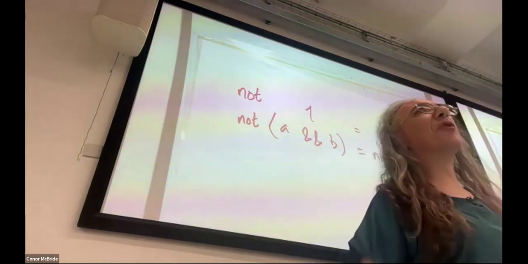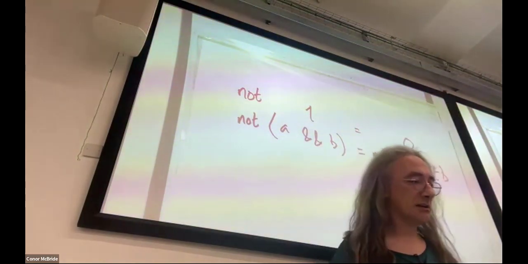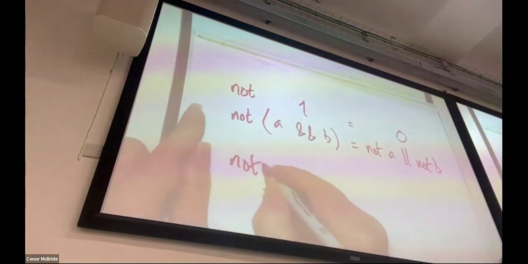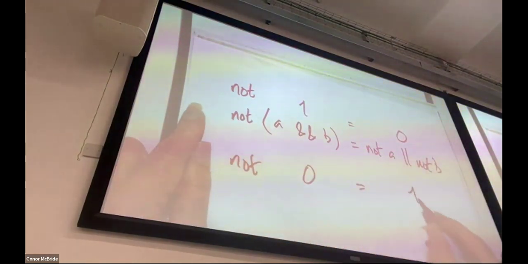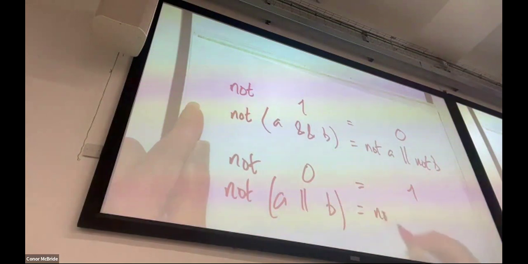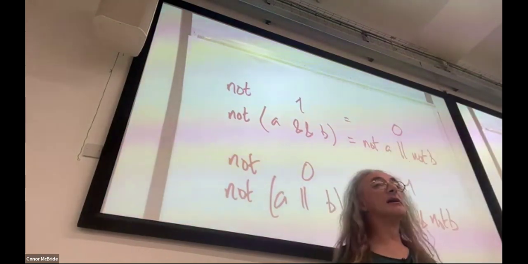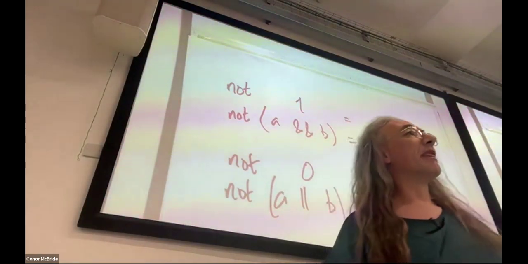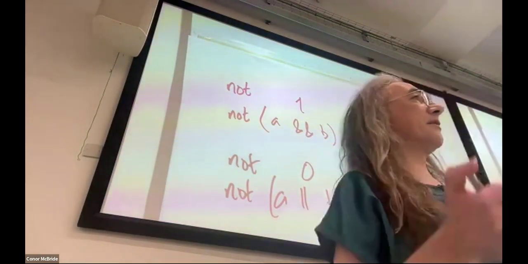And you also have the other De Morgan law, which says not of 0 is 1, not of A or B is not A and not B. And again, that's just saying not is a monoid map that goes in the other direction.